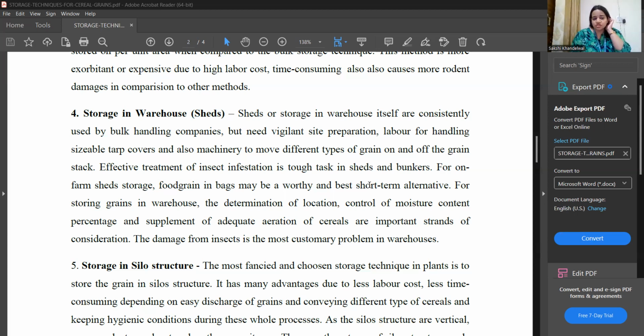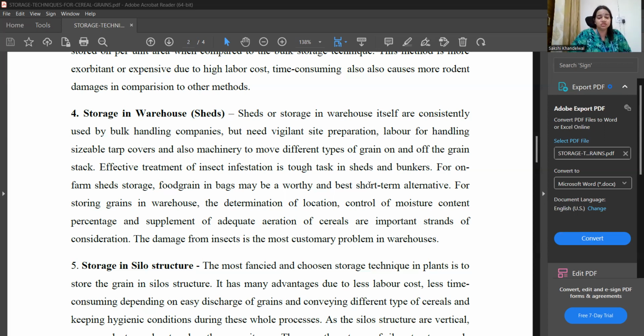For on-farm shed storage, food grain in bags may be a worthy and best short-term alternative. For storing grains in warehouses, the determination of location, control of moisture content percentage, and supplement of adequate aeration of cereals are important considerations. Damage from insects is the most customary problem in warehouses.